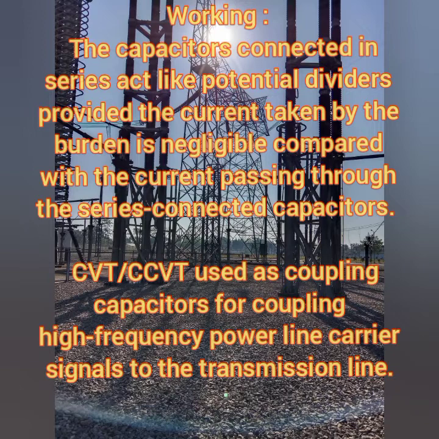The coupled capacitors are used for higher frequency power line carrier signals to your transmission line, which means in combination with the CVT, wave traps, smoothing reactors and capacitors, with that setup we transmit carrier wave signals from one station to another station.